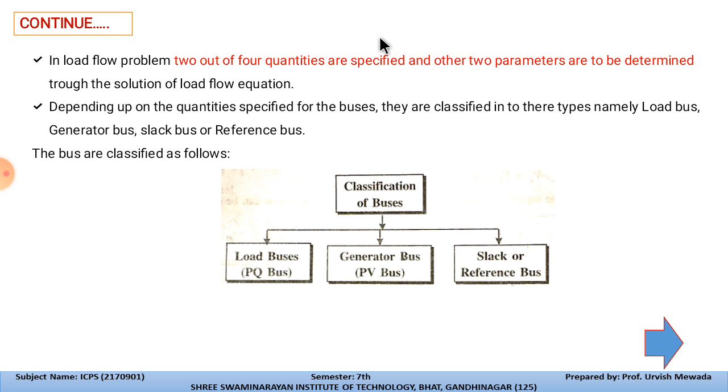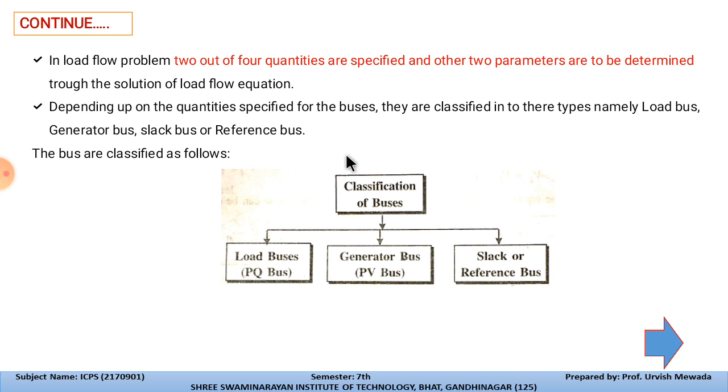So from those 4, they must have given the 2 quantities, and from those we need to determine the remaining 2 quantities through the solution of the load flow equation. So this is nothing but the load flow studies.